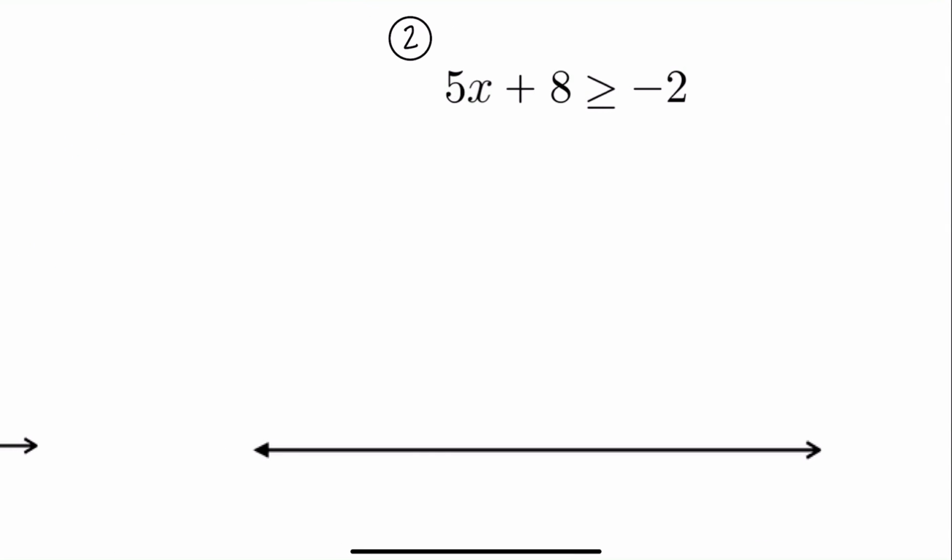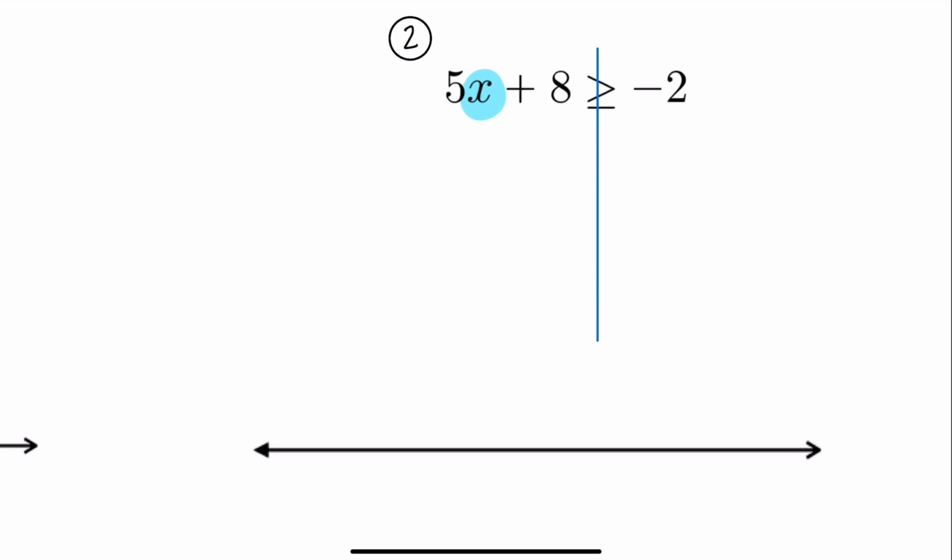All right, this one has a couple more things to it, and that's just fine. So let me split this at our inequality symbol. So we are looking for x again. So let's see, we have a 5 and an 8 on this side. Remember, we're going to solve these just like our multi-step equations.